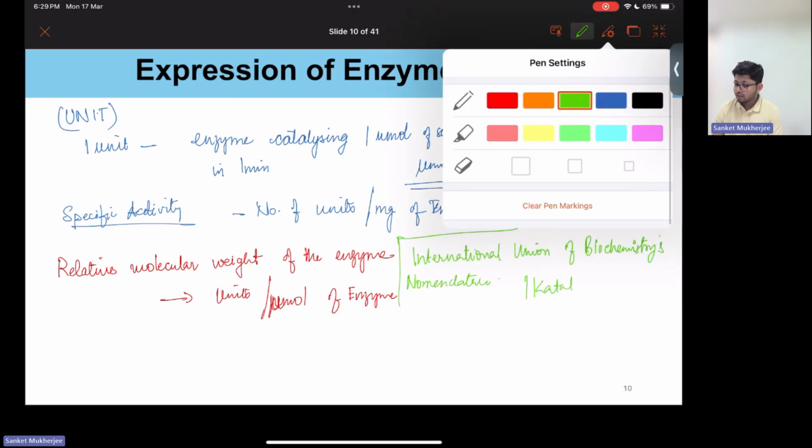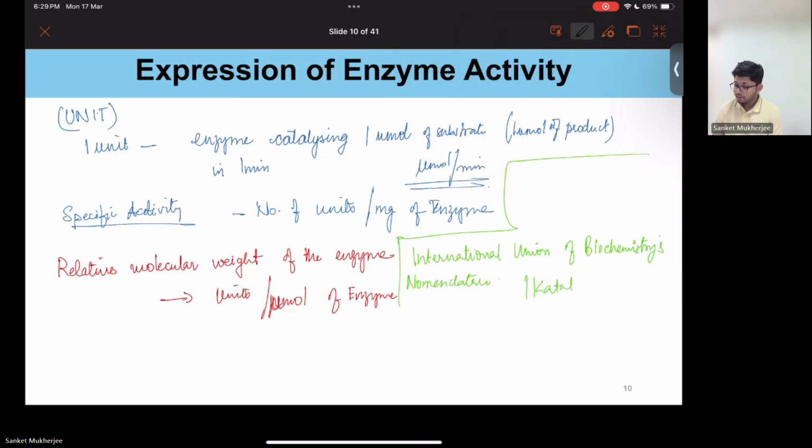So 1 katal is conversion of 1 mole substrate or the product, whatever, per second. Okay, per second.